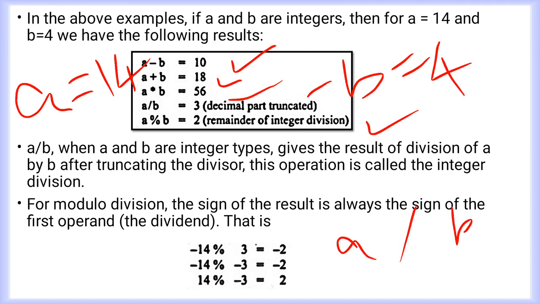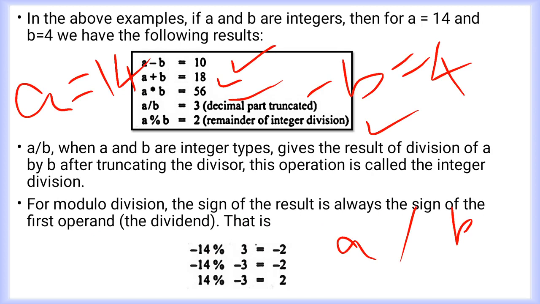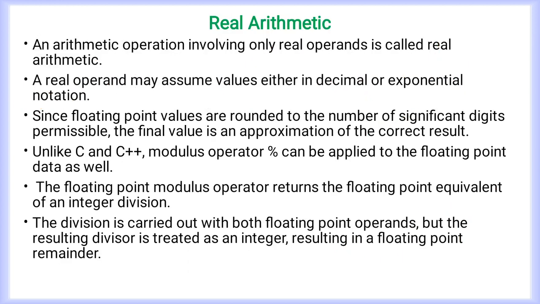When a and b are of integer types, for modular division the sign of the result is always the sign of the first operand. So minus 14 modulus 3 is equal to minus 2. The sign of the first operand is the sign of the result.